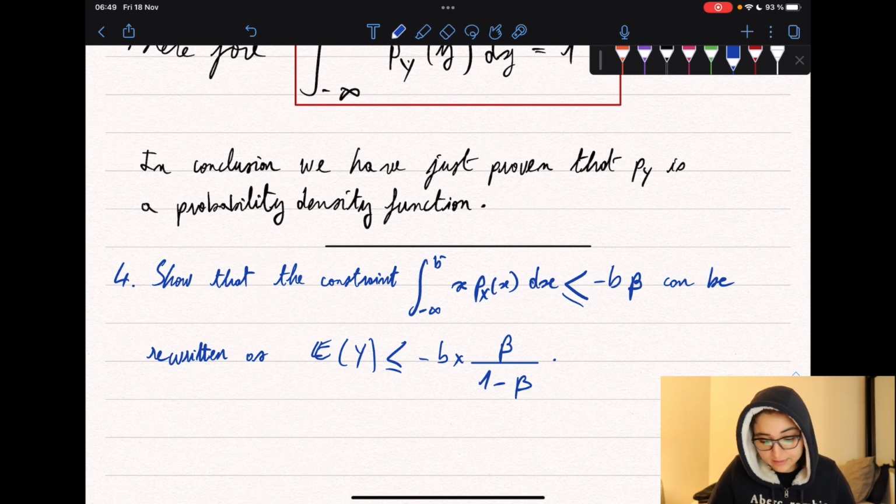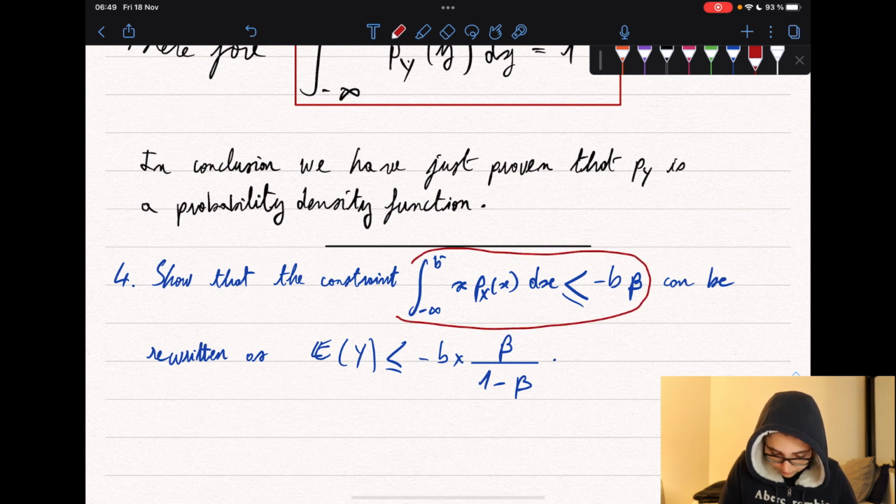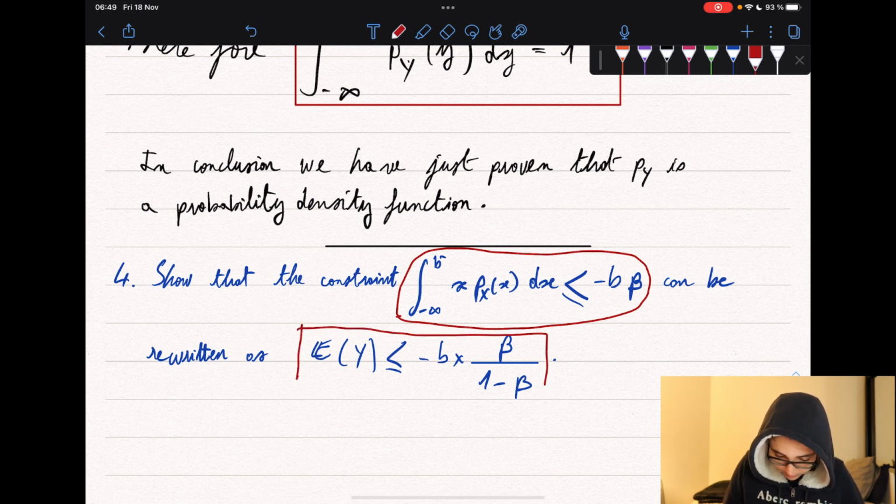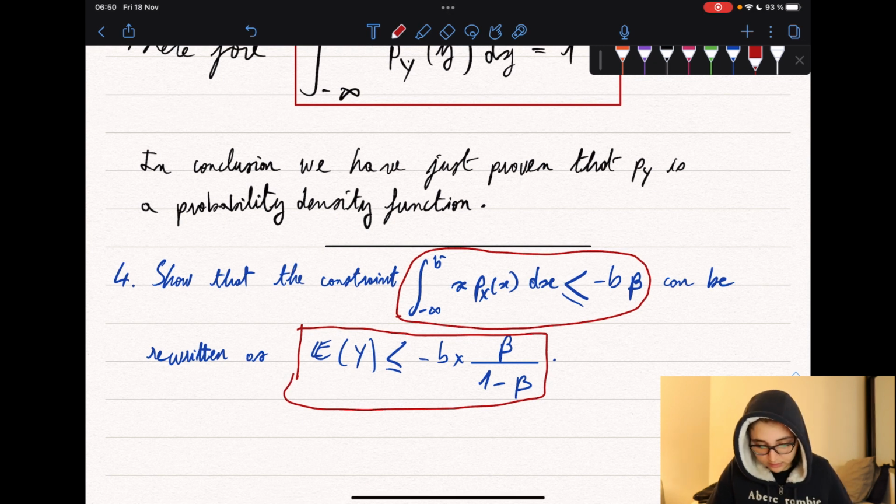Right now, what we want to show is that we can rewrite this integral right here into something that's expressed in terms of y, and here we want to show that this integral can be written as this formula, or this inequality, that the constraint on this integral can be rewritten as this constraint on the expectation function of y.